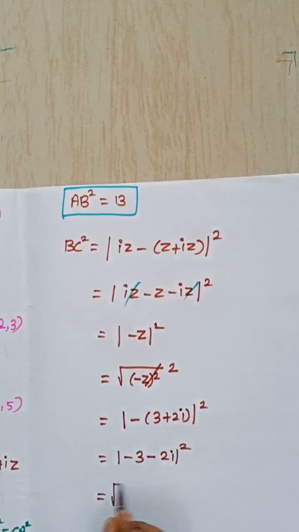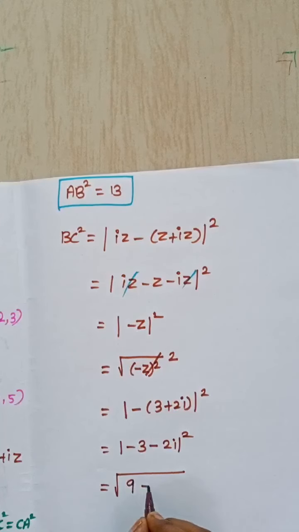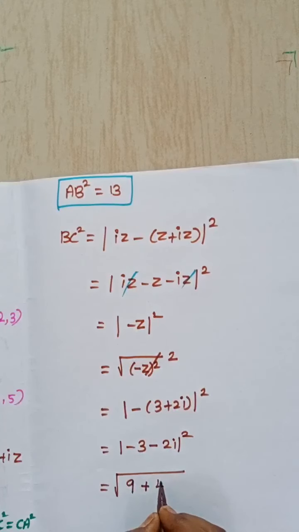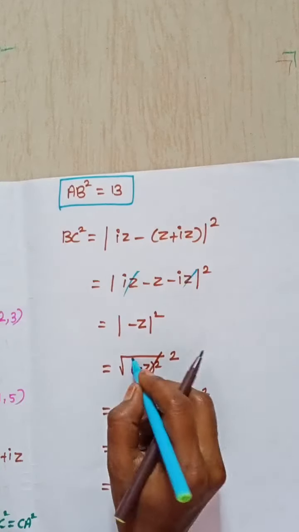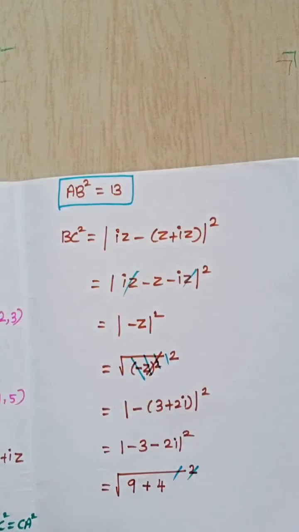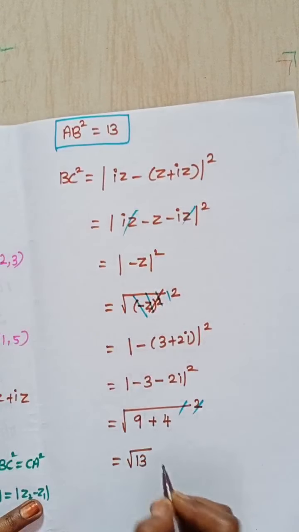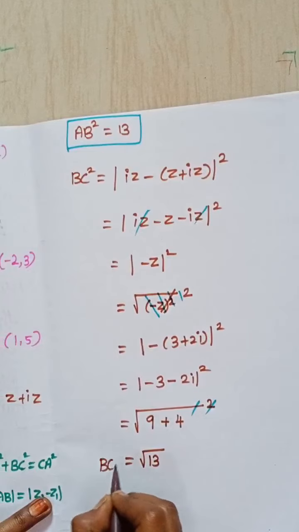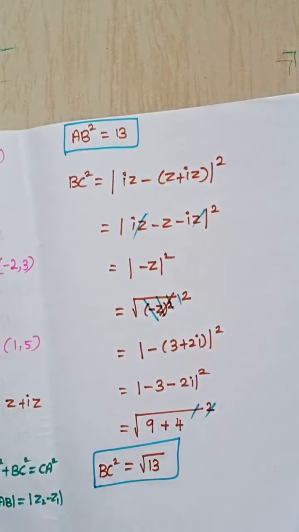Taking the square root of minus 3 squared, which is 9, plus minus 2 squared, which is 4, square and root get cancelled, which is equal to 9 plus 4 is 13. So BC square is equal to 13.